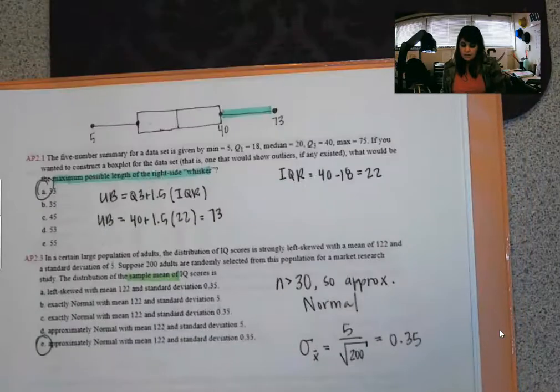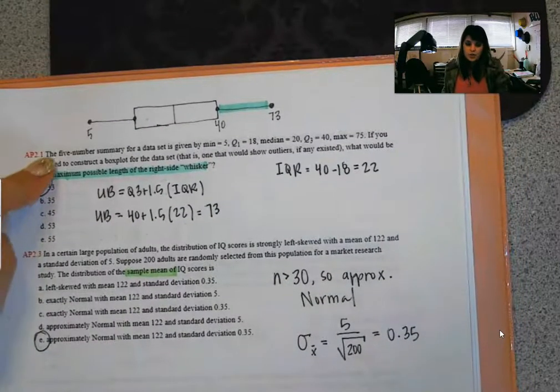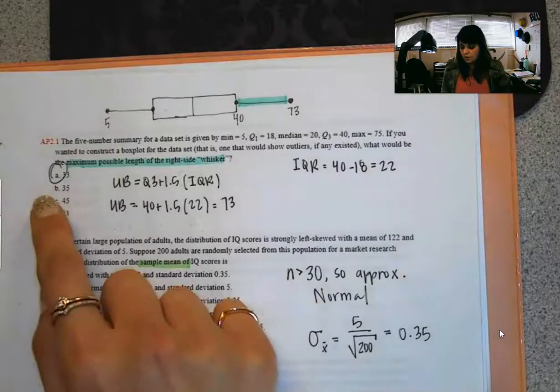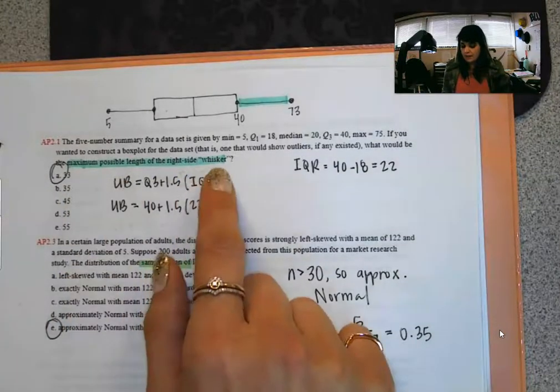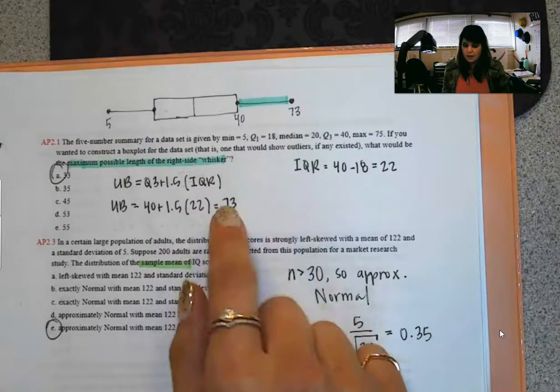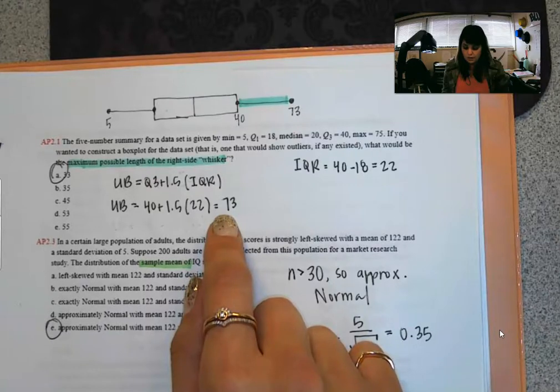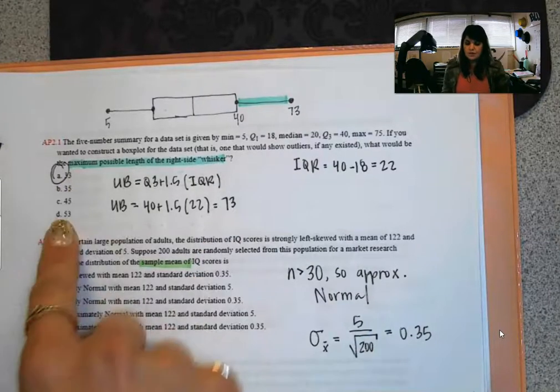38. AP 2.1 tries to trick you, so they ask you what's the maximum possible length of the right side whisker, which to me I read is what is the upper bound. So I used the information that they gave me and found the upper bound, which is 73, but then it wasn't here.